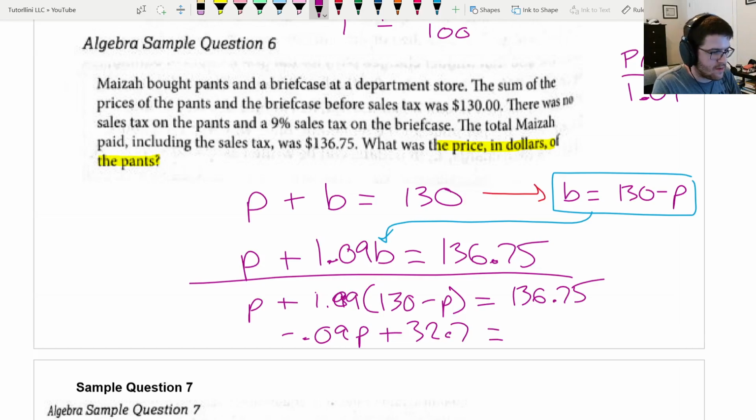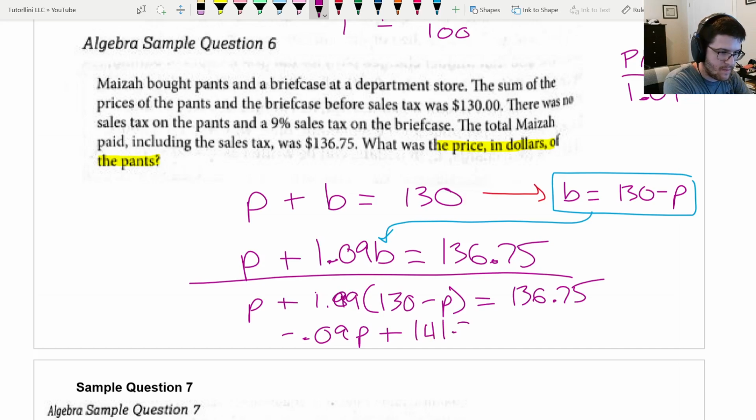I feel like I must have done something wrong here. Won't this give me a negative answer? Let me see real quick. Okay, yeah, I just made a tiny mistake plugging stuff into my calculator. That's not 32.7, that's 141.7.